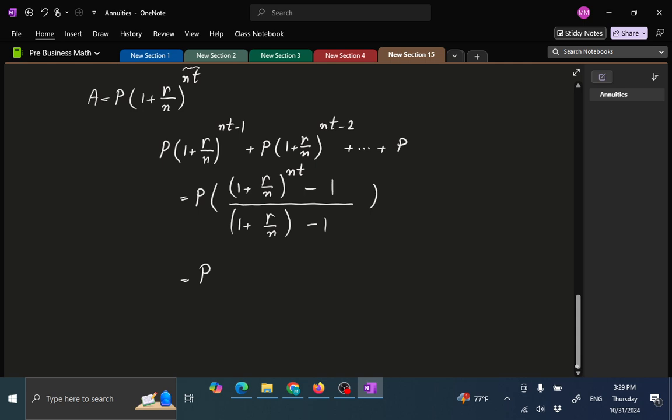So P, which stands for that payment that you are making monthly or in each compounding period, times this expression, which is interest rate divided by number of compoundings per year, to the power of total number of compoundings in the entire period, minus 1 over, now this 1 cancels that one, and you get r over n. So this P is going to be the payment, and whatever comes out of this, instead of being called A, is the future value of your annuity, the money that's going to be accumulated in that particular account.